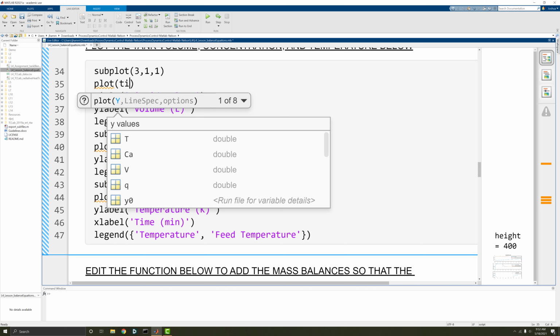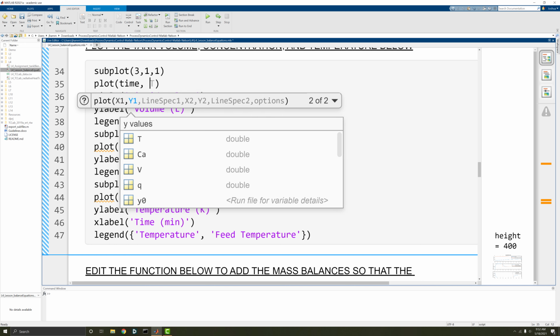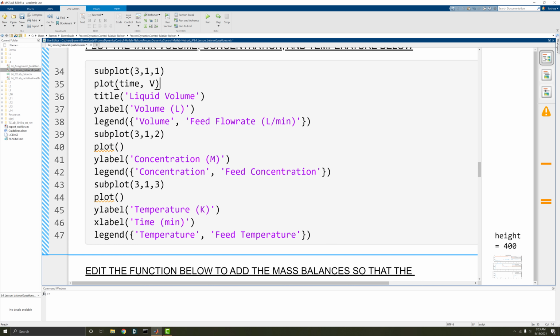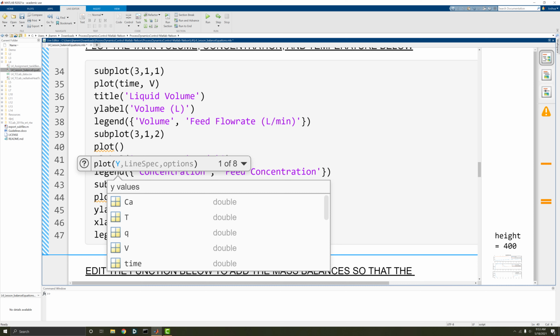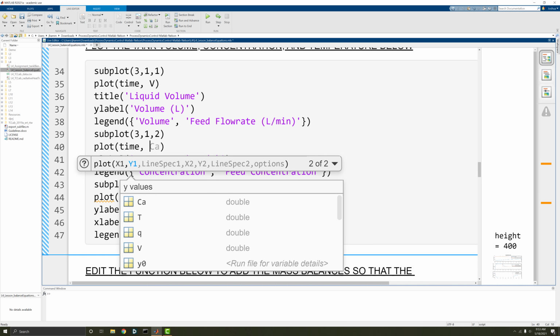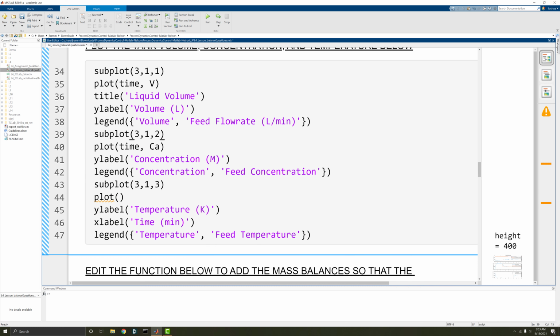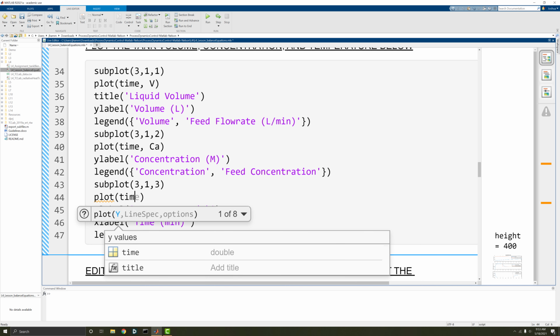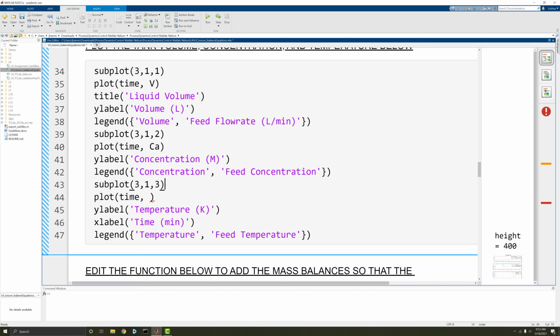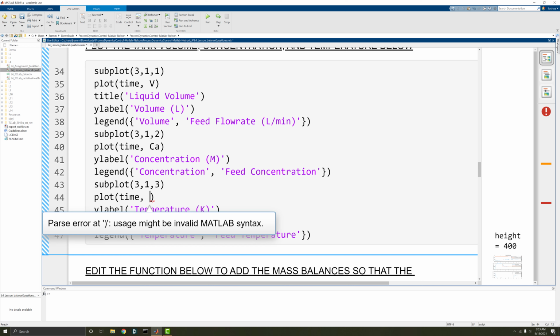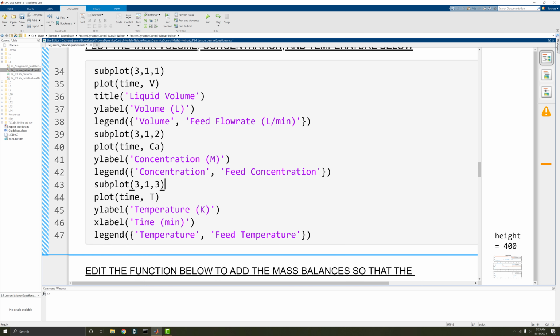Time obviously is going to be time. And then it looks like our Y label is volume. So time and V. This next one is time and concentration. So time and CA. And then time. And let me see what this one should be. Feed temperature. So time and T.